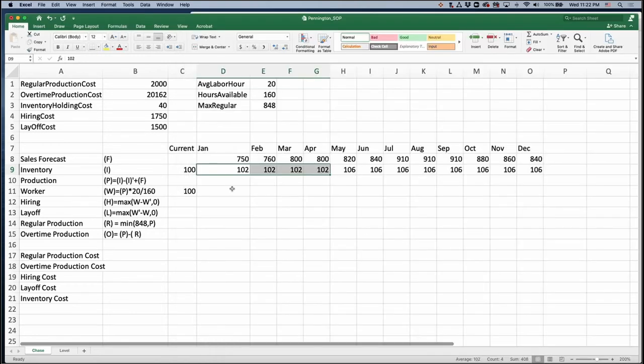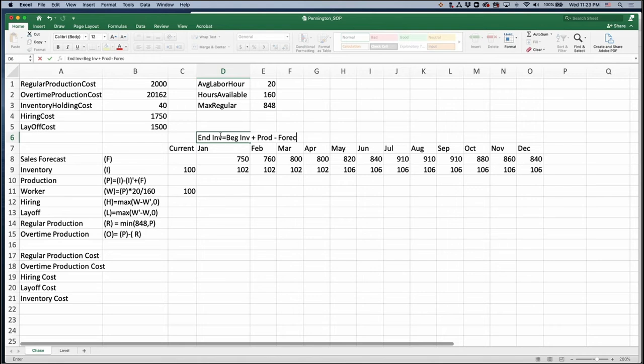Now, how can you compute your required production level? Actually, this is your target inventory, and we know this: ending inventory is equal to beginning inventory plus production minus sales or forecast, right? With this equation, we know beginning inventory, ending inventory, and also the forecast.